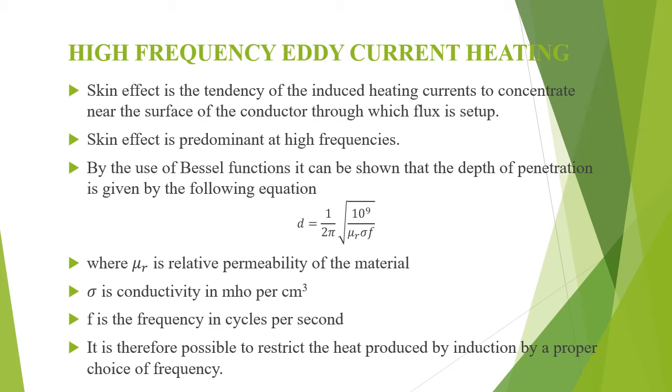The equation is D = (1/2π)√(10^9/(μr σ f)), where D is the depth of penetration in centimeter, μr is the relative permeability of the material, σ is the conductivity in mho per cubic centimeter, and f is the frequency in cycles per second. Therefore, it is possible to restrict the heat produced by induction with the proper choice of frequency.